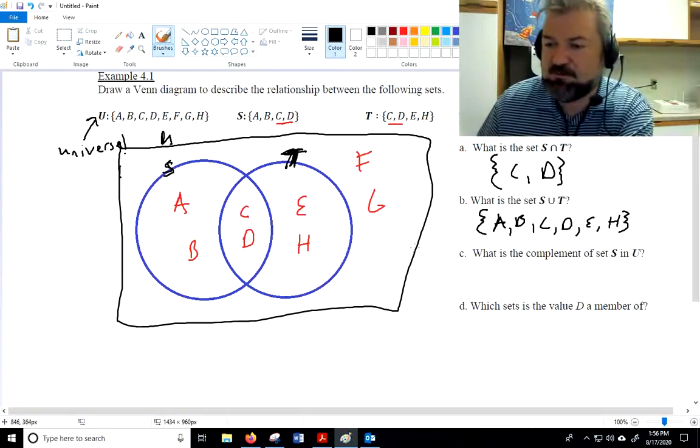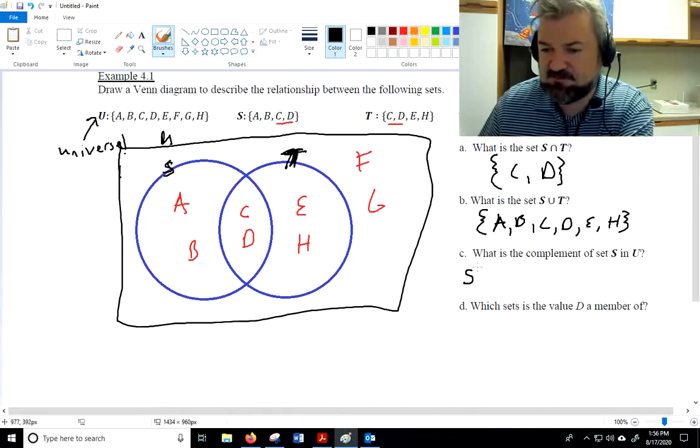All right, what is the complement of S in U? Well, we actually haven't seen that one yet. It's notated a lot of different ways, but oftentimes it's with a tiny little C in the corner for S complement, C for complement.